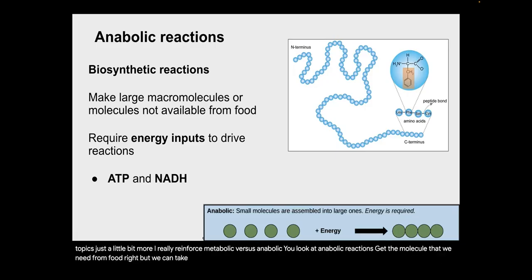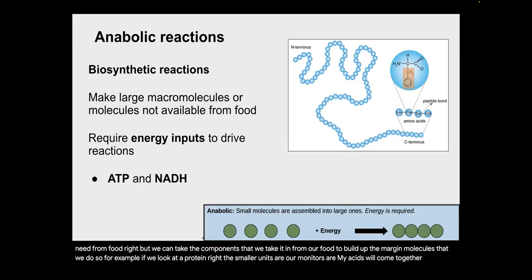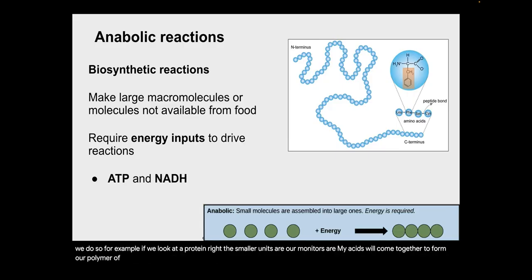But we can take the components that we've taken in from our food to build up the larger molecule that we do need. Right? So for example, if we look at a protein, right, the smaller units are our monomers, right, are our amino acids. Those amino acids will come together, right, to form our polymer of our protein.